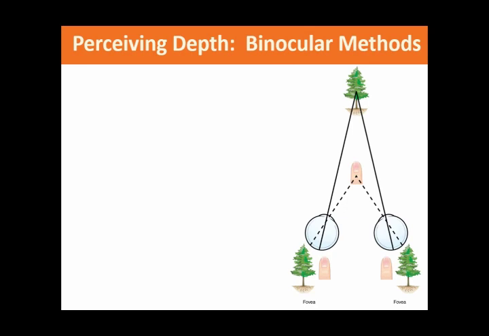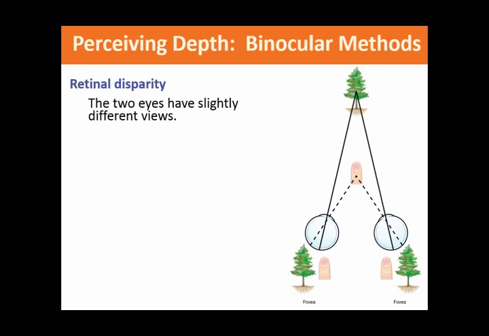So here we have binocular vision. In this picture we've got the 2 eyeballs, right? And they're looking at different objects. One cue that binocular vision gives us to depth is something called retinal disparity. A couple segments back we talked about the retina. That's the image that's falling on the back of your eyeball.